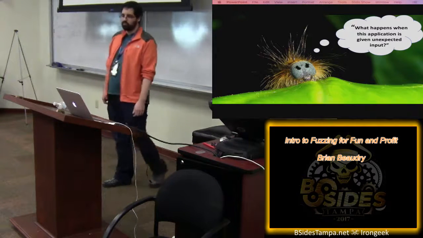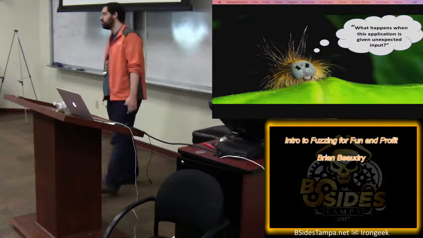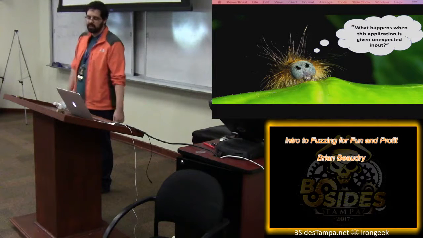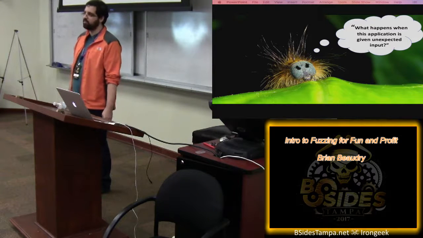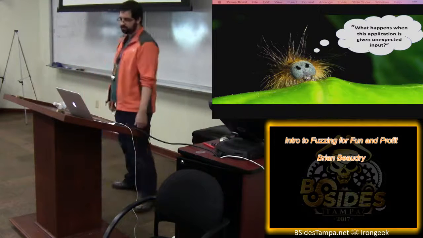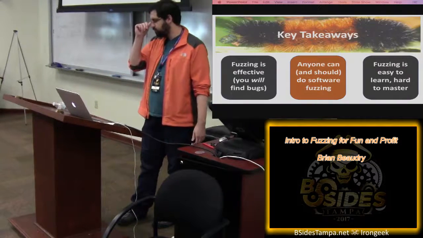Fuzzing isn't necessarily going to help you find race conditions or logic errors. You sometimes can, but for the most part you see a lot of success in finding memory corruptions, which is great for hackers.